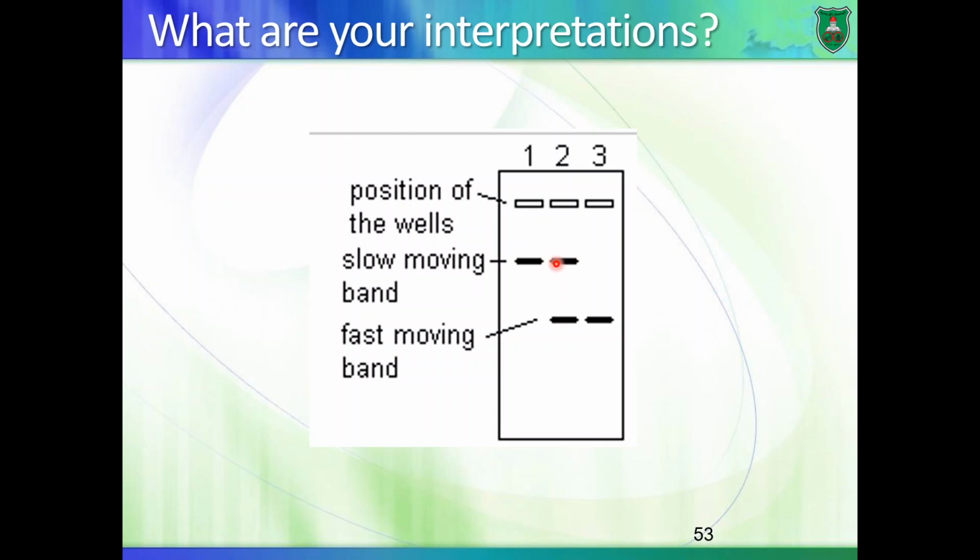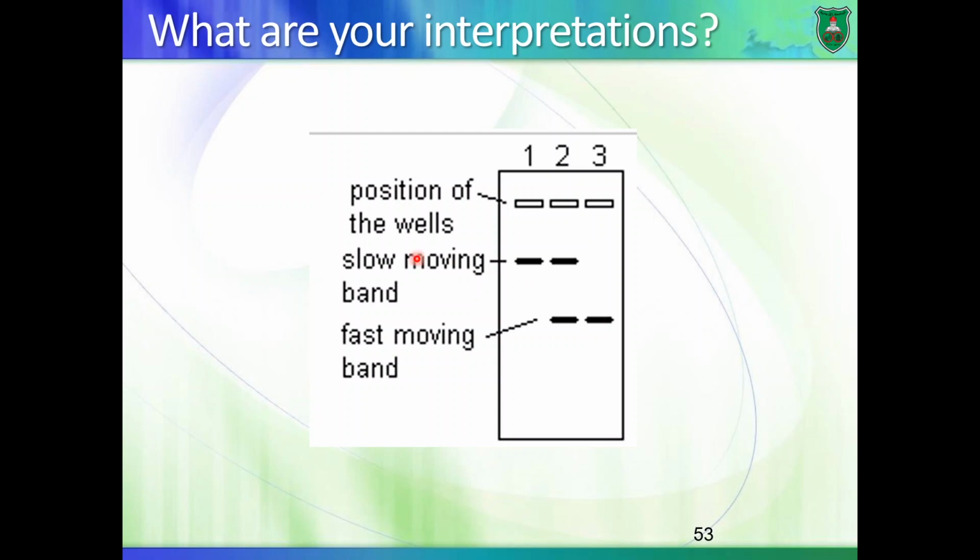So this could be the gene of interest that is expressed, and this is an artifact. This is false because of non-specific hybridization. Probably sample 3 does not express the gene of interest. We expect the size of messenger RNA to be about 4, but it expresses a gene that is really non-specific. This is not the one that we are interested in. So it could be that the probe is not specific.